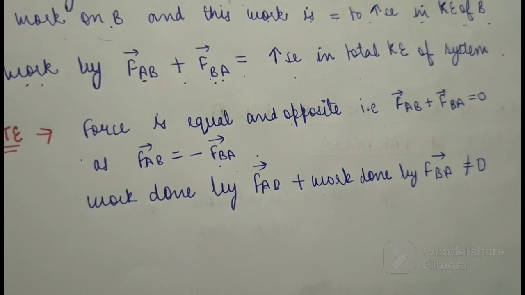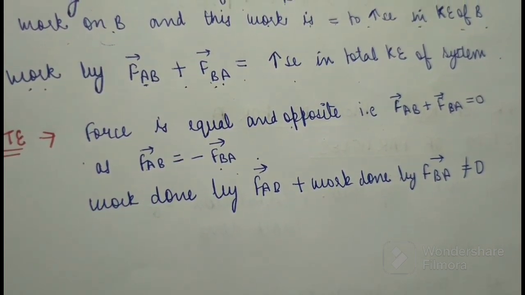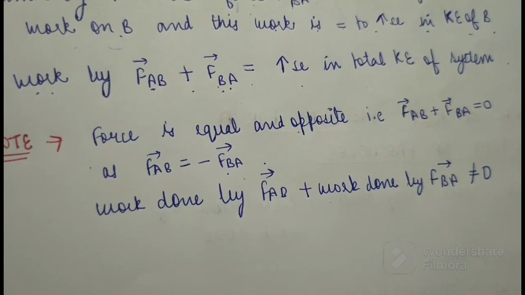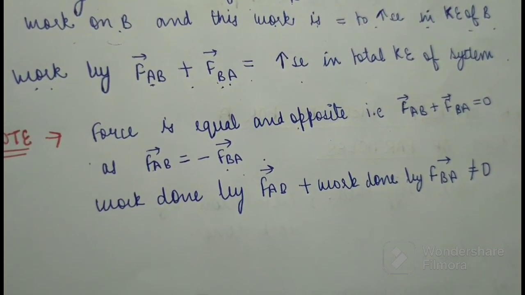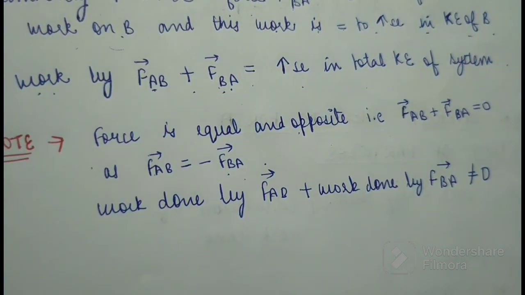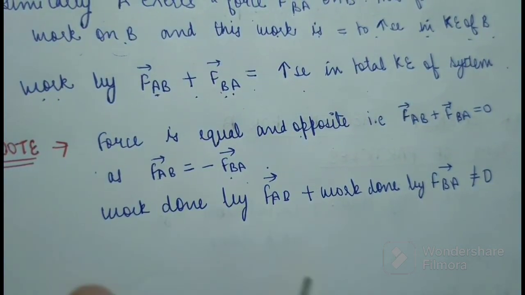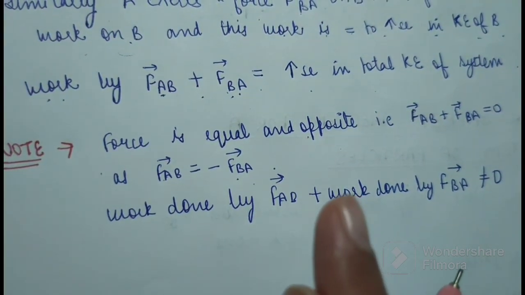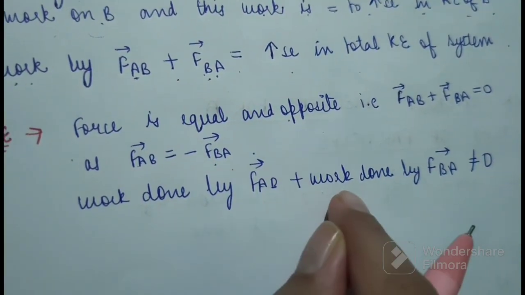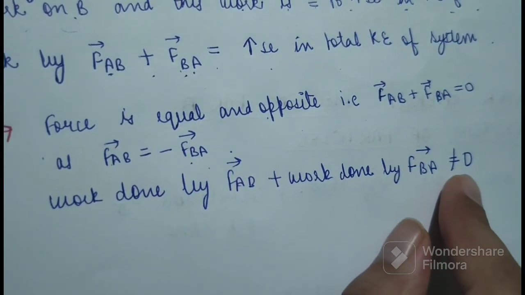Why? Because these two forces are opposite in direction, but the displacements are also opposite. So when we add the total work done by both the particles, they will add to each other and the work done by both these particles will never be equal to 0.